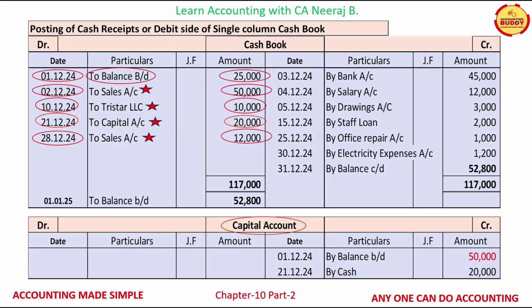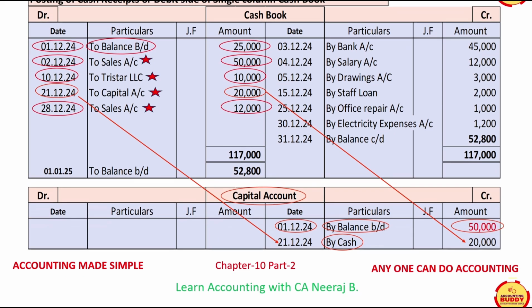Let us assume the business is already having a capital balance of $50,000 on 1st of December, which is shown on the credit side of the capital account by writing the words "by balance brought down." Now the additional capital introduced amounting to $20,000 will be posted on the credit side of the capital account on 21st of December by writing the words "by cash account."